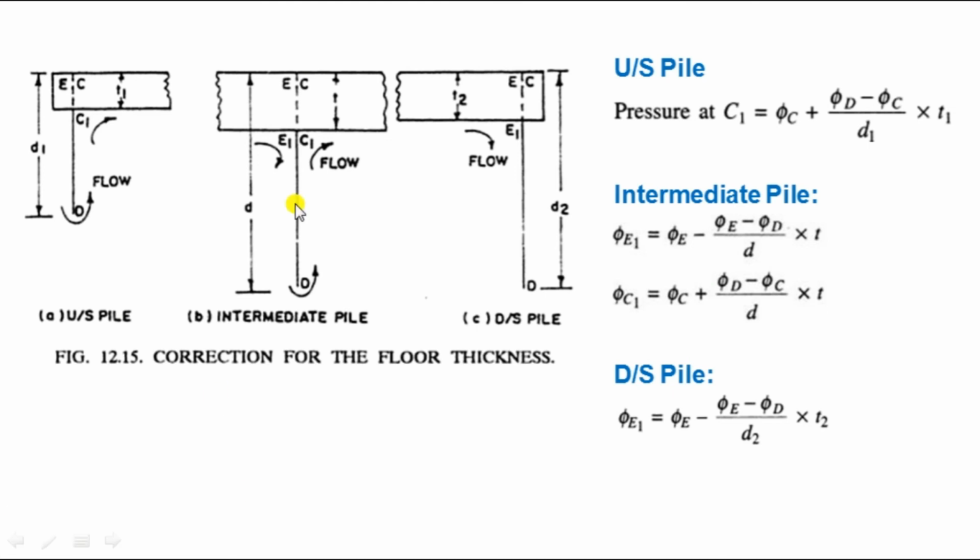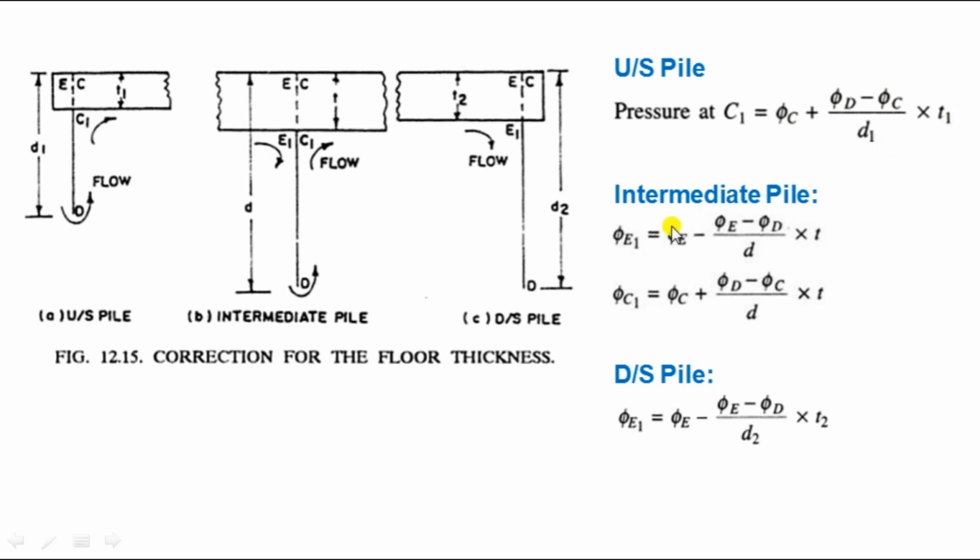Now those are the different cases, like for the upstream pile, for the intermediate pile, for the downstream pile. Correction for the floor thickness: at upstream pile, pressure can be determined by that value, phi D minus phi C upon D1, which we get from the previous chart, multiplied by T1. T1 means thickness.